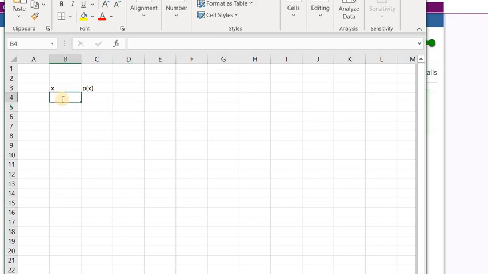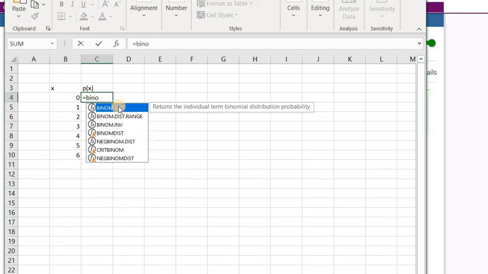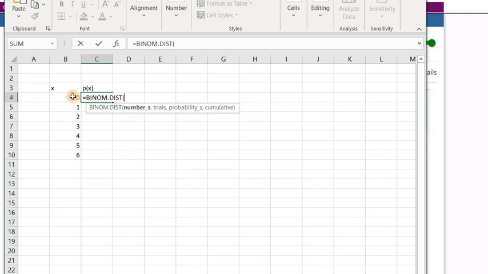So it could be 0 will grow, 1 will grow, 2 or 3 or 4 or 5 or 6 will grow. Now I want to find the probability, so I'm just going to use the binomial distribution, because this is the binomial. Click on the 0, comma. The number of trials is 6 because I have 6 seeds.